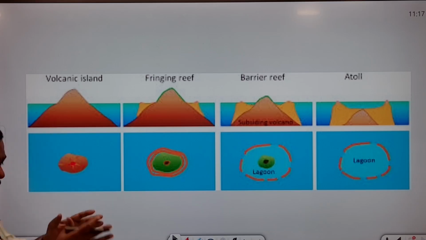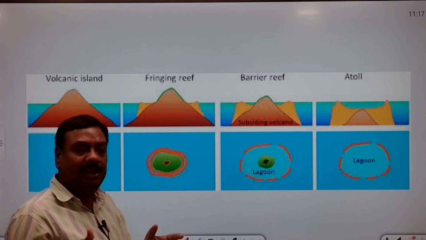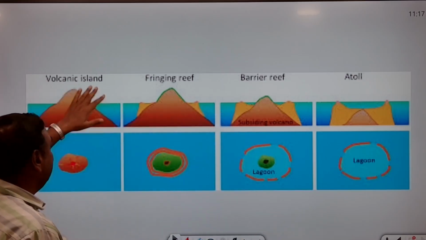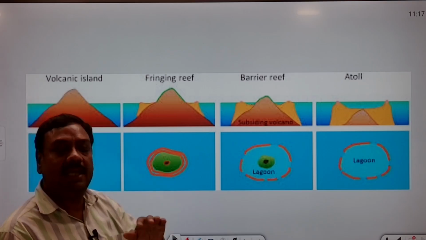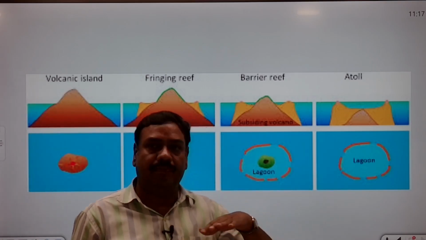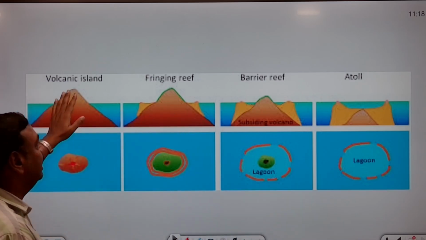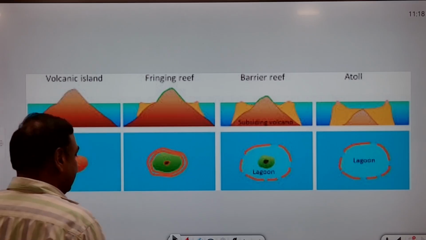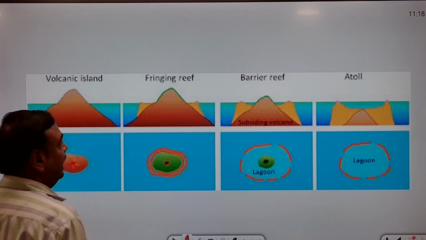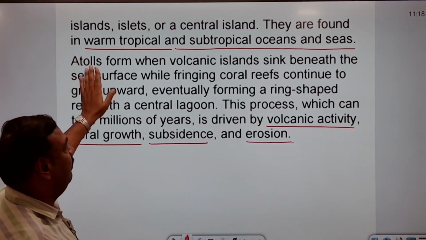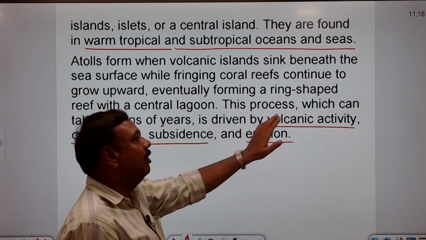Now if any volcanic cone can be seen above the sea level and it is surrounded by water from all the sides, so obviously it can be taken as an island, right? So in this way, as I told you, the formation of atoll is driven by volcanic activity.